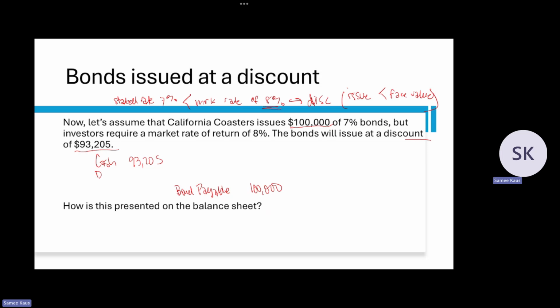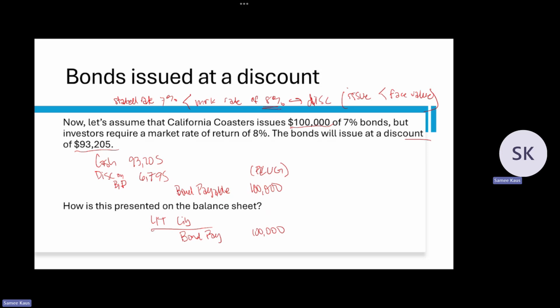So what that means then is I have a discount that I need to recognize, and I'm just going to call it a discount on bond payable, and that's going to be a plug figure of 6,795. That's a plug to get these two things to balance. All right. So what that means is that under my long-term liabilities section on my balance sheet, I'm going to see bond payable, and that's going to be at $100,000.